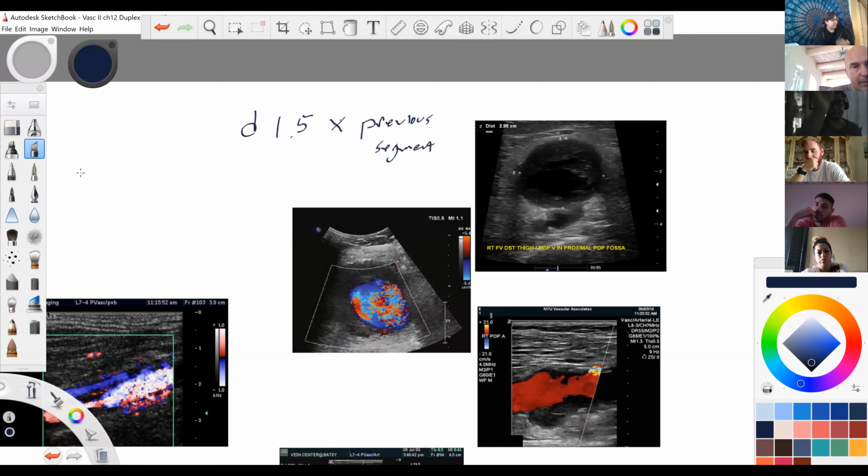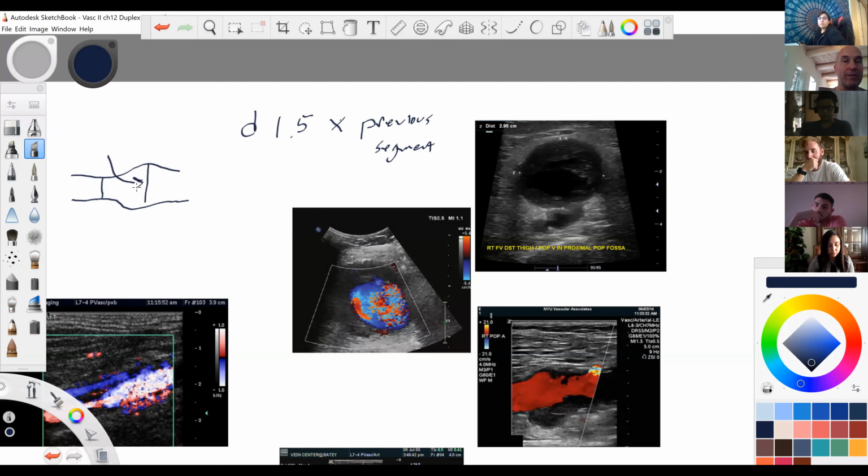In other words, if you're coming along and the diameter here and the diameter here, if this diameter is 1.5 times larger than the previous diameter, the previous segment, or I could say the more proximal segment as well, that's the definition of an aneurysm.